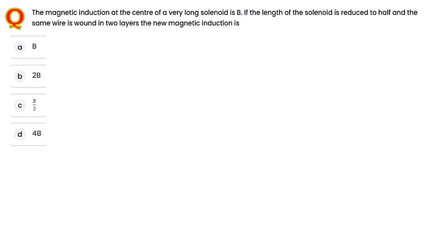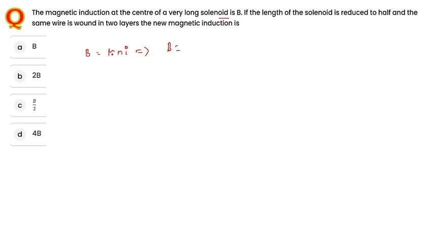For the first one, the total magnetic induction they have given is B equal to mu naught N I. Now, the length has been reduced to half and made into a toroid-like shape, wound into two layers.